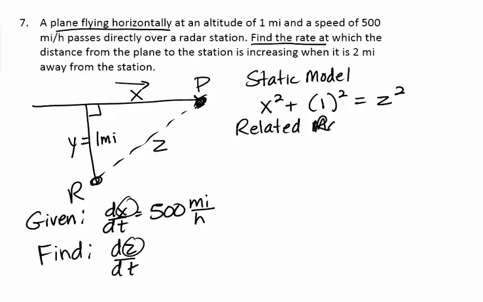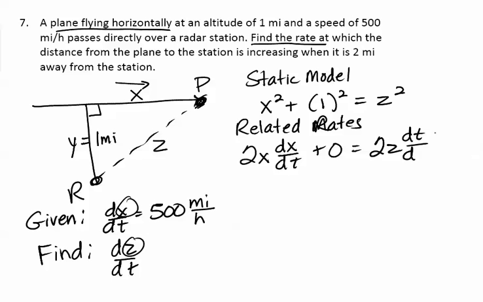Differentiate with respect to time. The derivative of the 1 will be a 0. And this should say dz dt. Well, and we could divide the 2's. So we've got our related rates model.